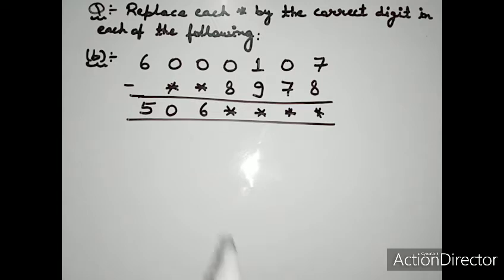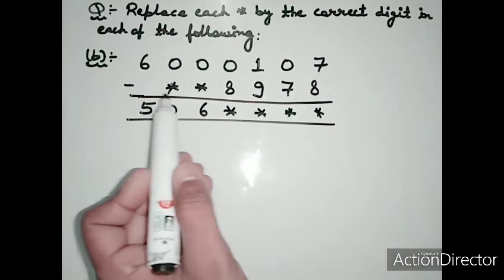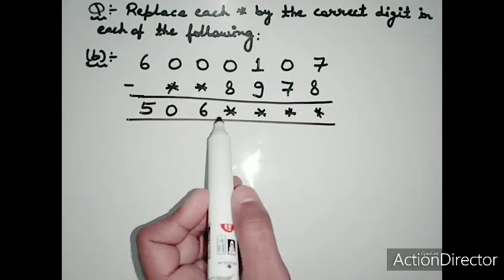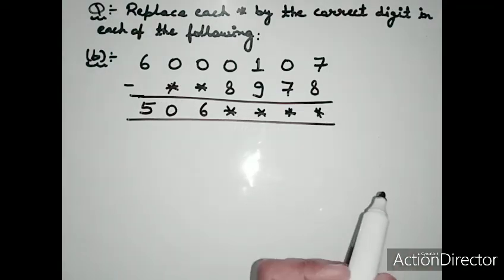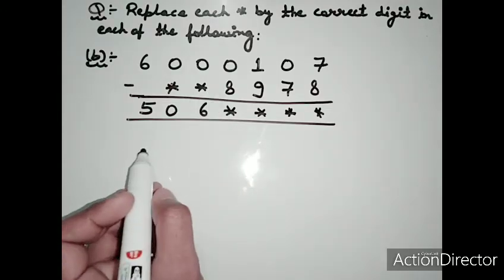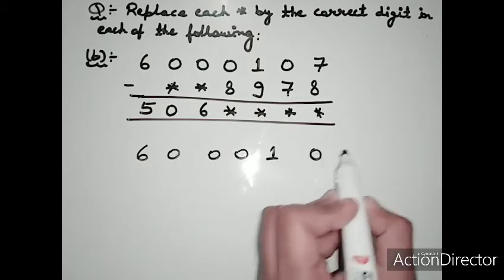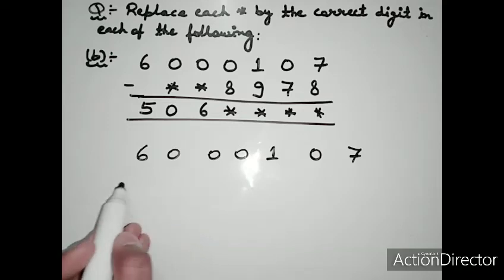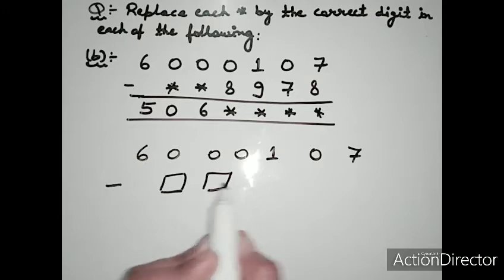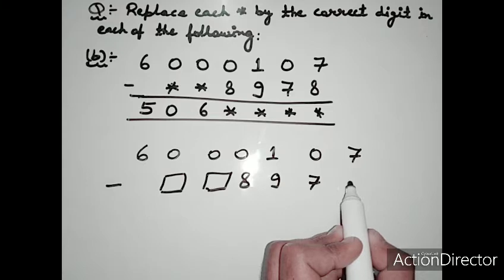Now here we take another example, 6000107, and the second number is star star 8978, and we get difference 506 and 4 stars here. So here we find what numbers come in the place of these stars. So here we write this number 6000107 and minus, here we make a blank box, then 8, then 9 7 8.